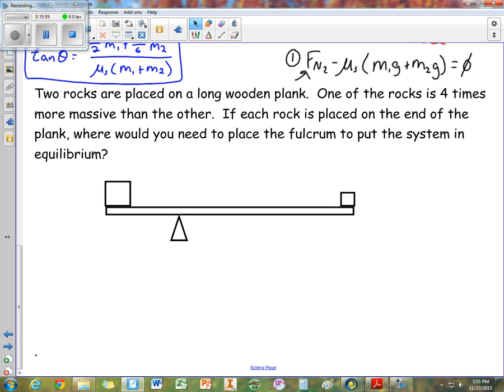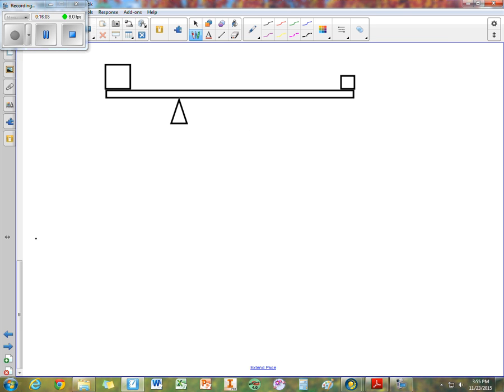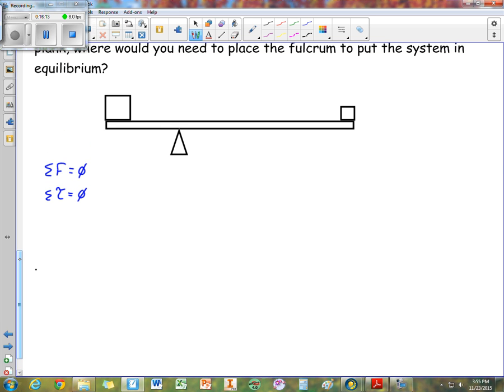So, again, for equilibrium, the sum of all forces needs to equal 0, and the sum of all torques needs to equal 0. So let's start with our force diagram. I'm going to have a force here. I'll call it 4Fg because this force right here is just going to be Fg.